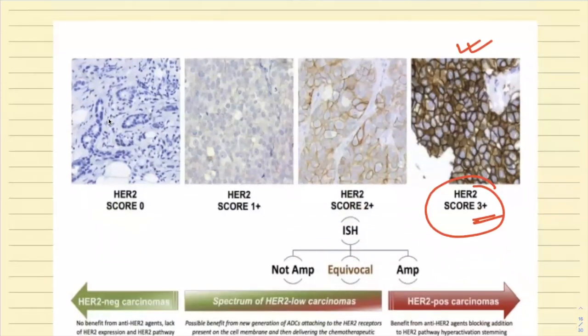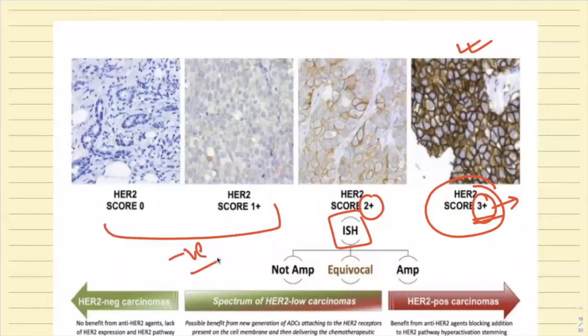Over here, there is membranous positivity, and this positivity should be very high. The membrane should be completely positive and high intensity positive. Only the score 3 is taken as positive. HER2 score 3 is only positive. If the score is 2+, it is equivocal. That is, you have to carry out FISH study or other investigations to confirm. Score 0 and score 1 are regarded as negative HER2.